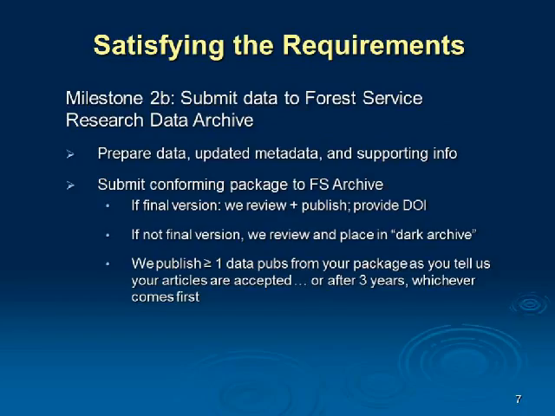If it's not the final version, if you're not quite ready to make it fully publicly available yet because your articles haven't been accepted yet, for example, we will review with you, make sure it's all ready to go, and then put it in a dark archive, which is not publicly accessible. And we will then flip the switch on making it publicly accessible when your articles have been accepted or after 3 years, whichever comes first.